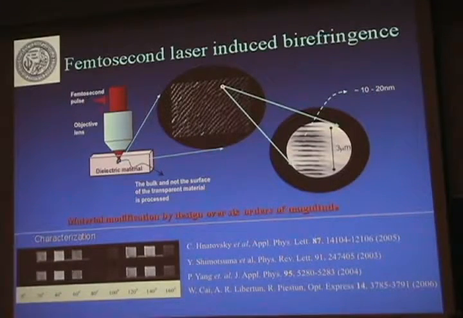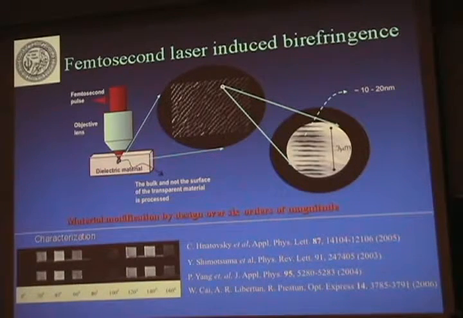The other thing we try to do is polarization selectivity, okay, and that's something you can achieve with liquid crystals. In this case, there is a regime by which, if you use a femtosecond laser in the micro joule per pulse regime at the high repetition rate, you can generate these nano gratings inside the glass.